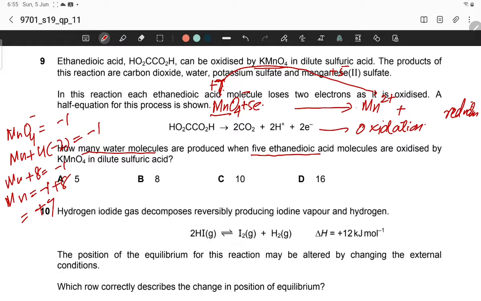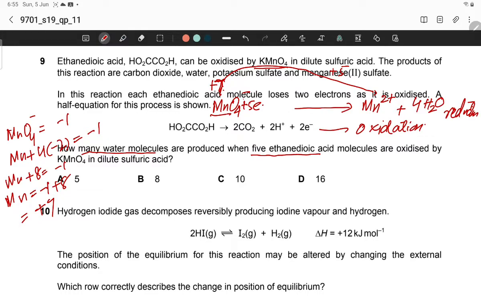Now let's balance this equation. Add water molecules on the product side. Water molecules depend on the number of oxygen atoms. Here the oxygen atoms are 4, so we place 4 water molecules on the product side to balance the oxygen.